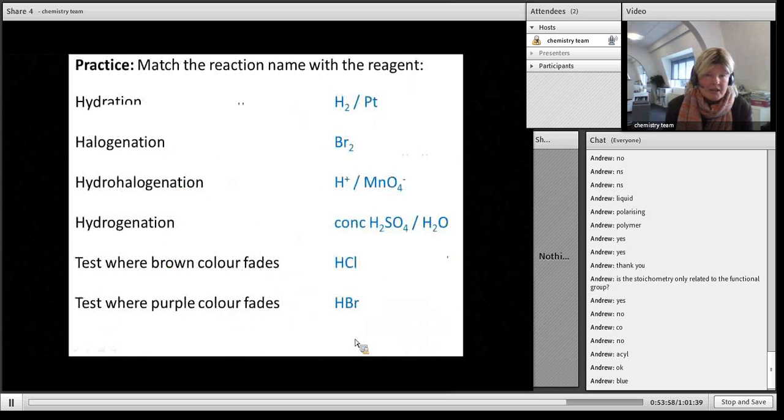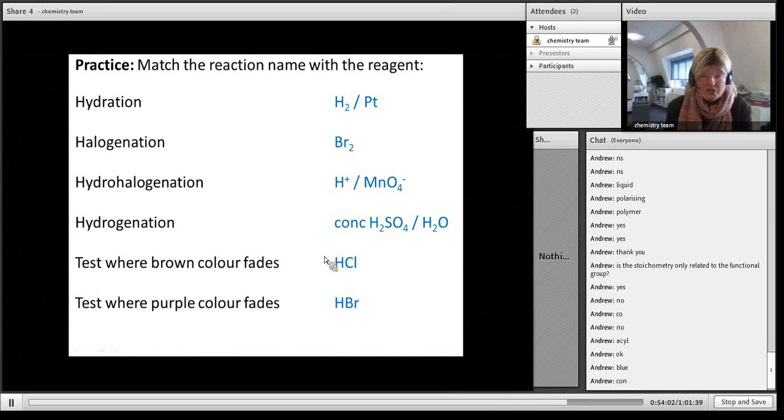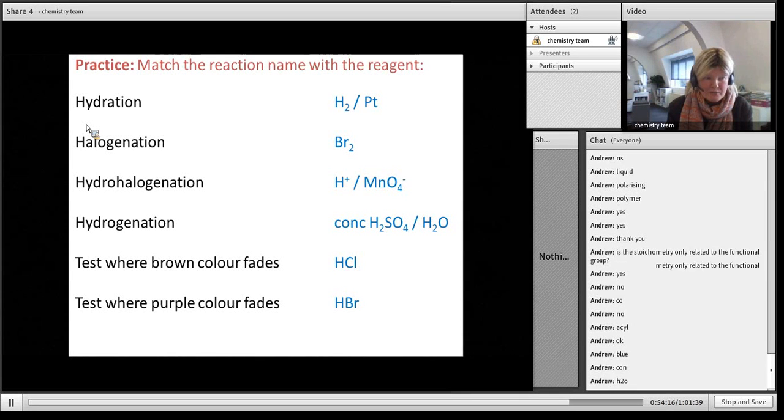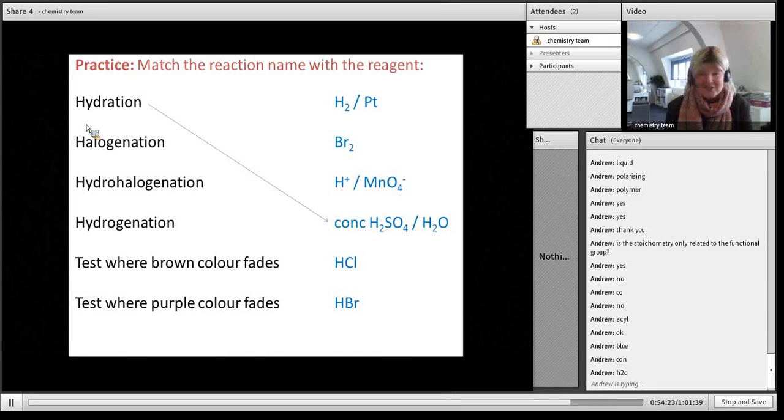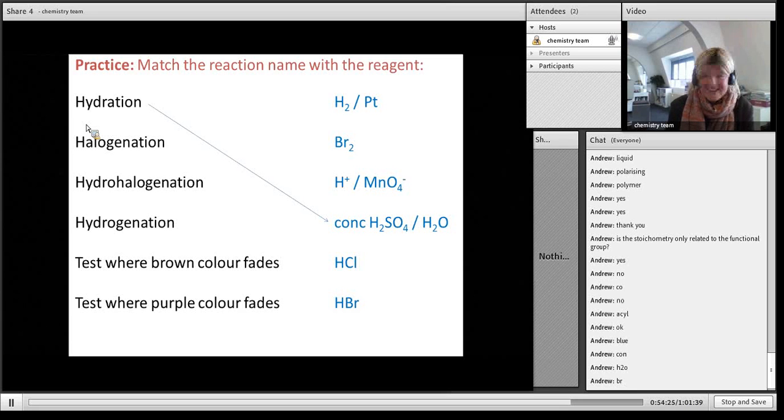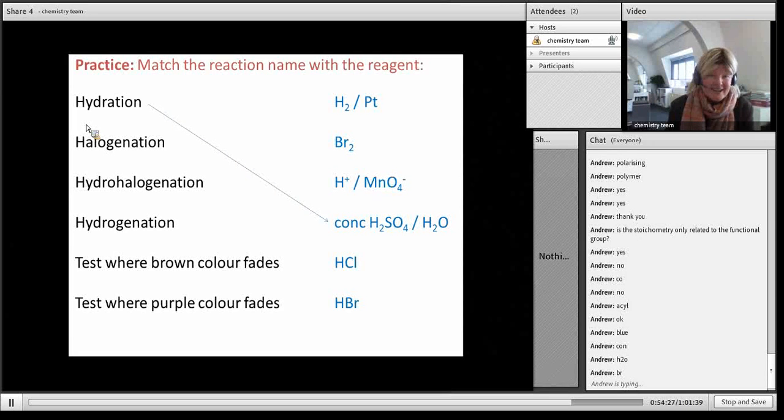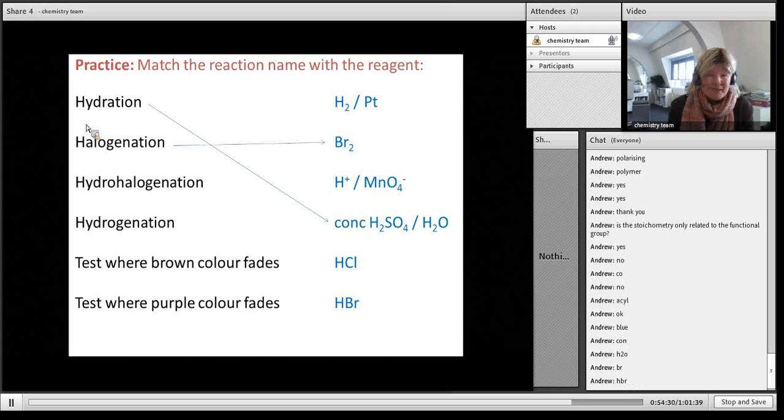So let's match these up. Hydration, I should have actually numbered them so you could just put the names in, but have a look and I'll do the answers now. Okay, right. So I'm trying to work out what the con meant. Okay, so the concentrated sulfuric acid and the H2O, correct? Yep. Okay, halogenation is Br2.